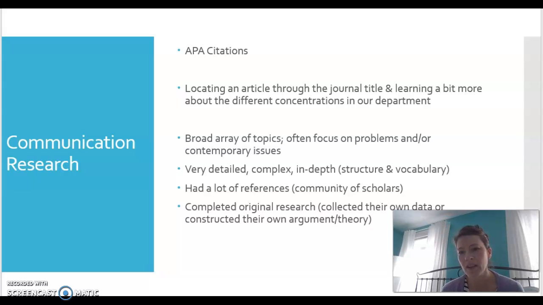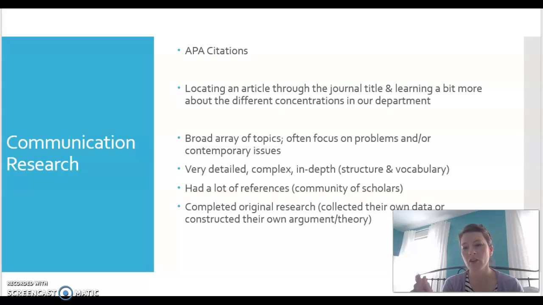A few of you noted that the journals themselves seem to offer articles that were slightly different from one another. That's a really great observation, and it's very true. Just like scholarly disciplines, sociology might look a little bit different than communication, which might look a little bit different than education, and so on and so forth.